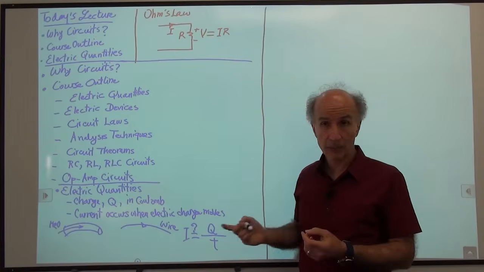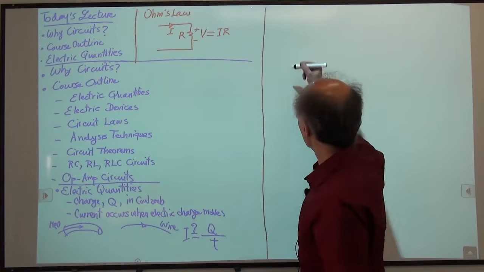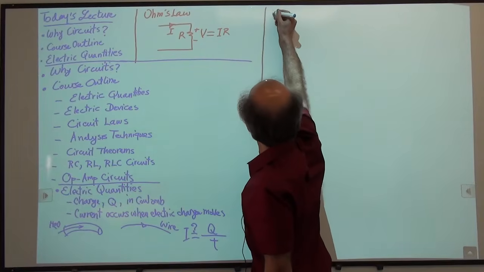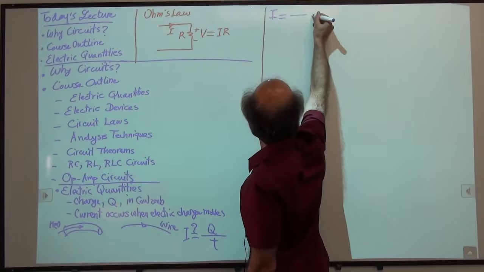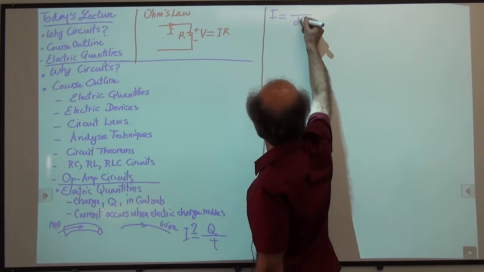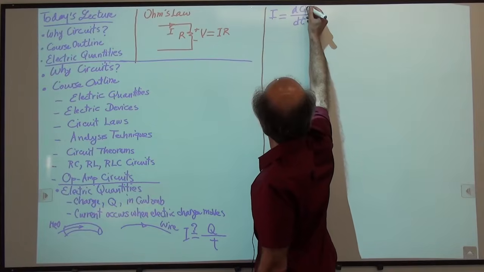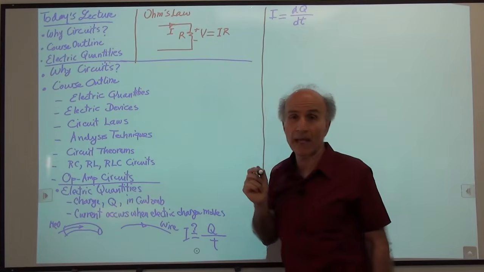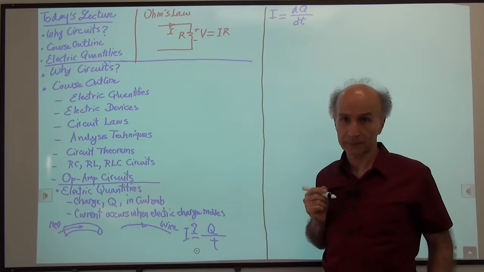So it makes sense to make this T really, really small. So if you make it really, really small, then the situation is as follows. We say the official definition of current is we go to a very small amount of time, and during that small amount of time, we have some amount of charge. And that amount of charge over that amount of time gives us the current.